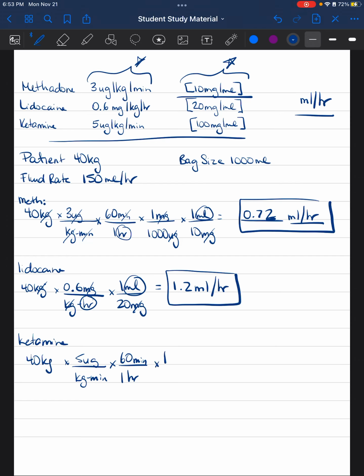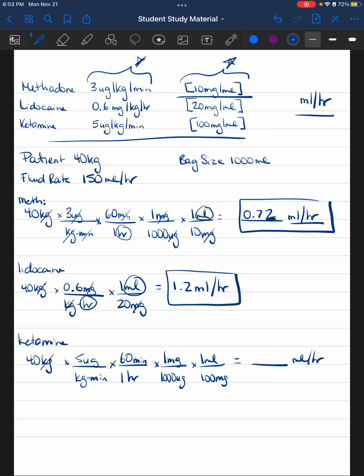So we're going to need that conversion factor of 1,000 micrograms in each milligram. Okay, and then we can input our strength of the drug, which is 1 mil is 100 milligrams.